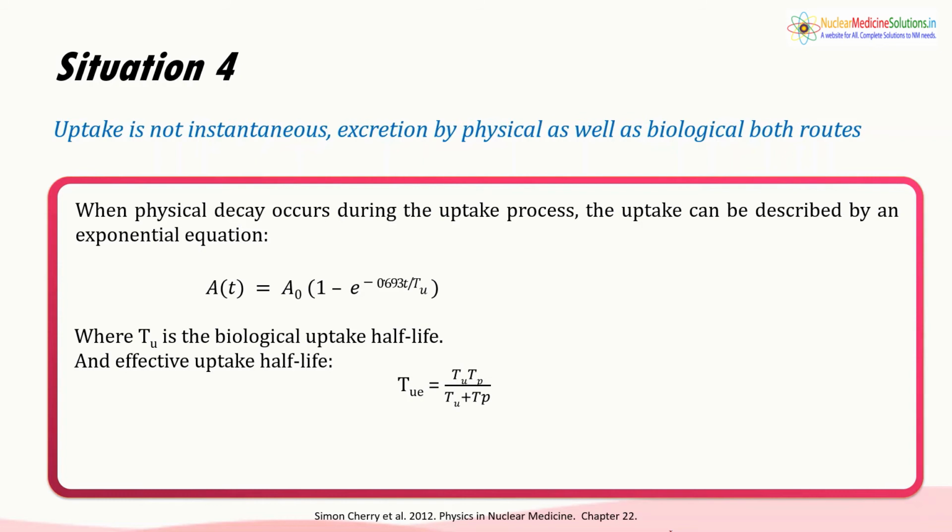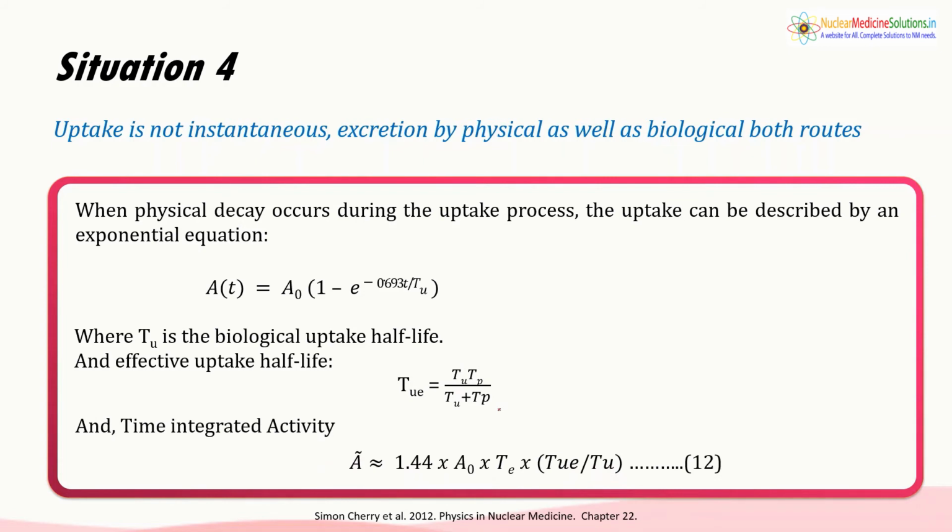Therefore the effective uptake half-life will become TUE equal to Tu into Tp divided by Tu plus Tp, and the time integrated activity will have the formula A tilde equal to 1.44 into A0 into T effective into T uptake effective half-life divided by Tu, the biological uptake half-life.